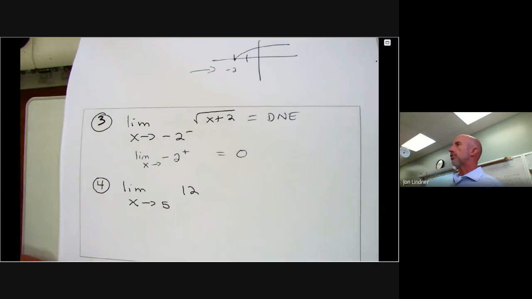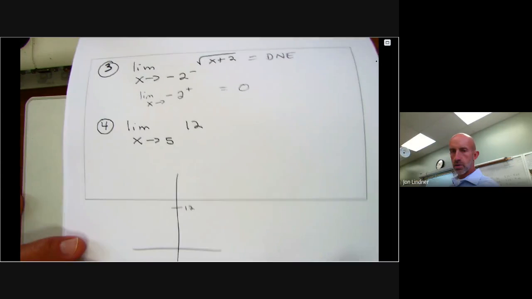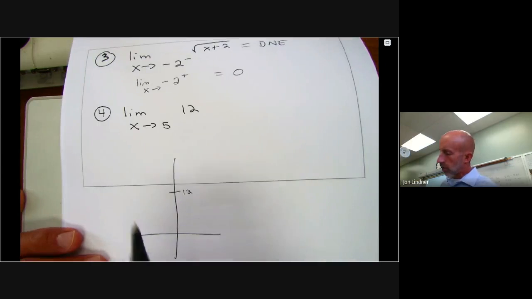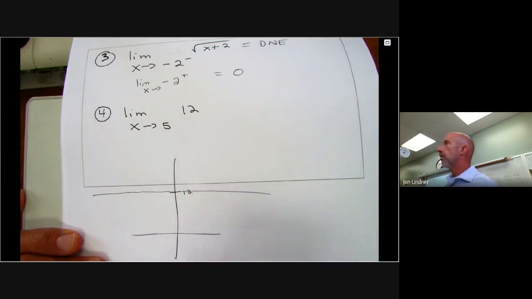Number 4 always throws people for a loop the first time because I think they're afraid to trust it. My function here is the constant function 12. Well, what does that look like? Here's 12, and we're talking about a constant function that is always 12.